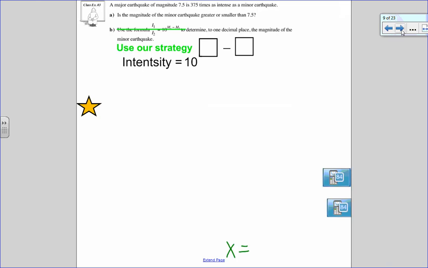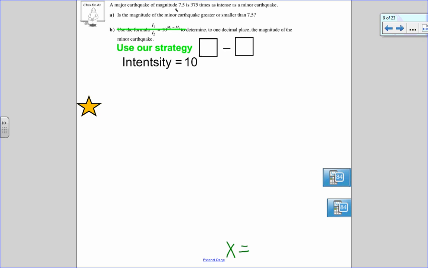Let's say we have a major earthquake. It has a magnitude of 7.5. It is 375 times as intense as a minor earthquake. So is the magnitude of the minor earthquake greater or smaller than 7.5? Well, other than the fact that we used major and minor, let's look at the numbers.